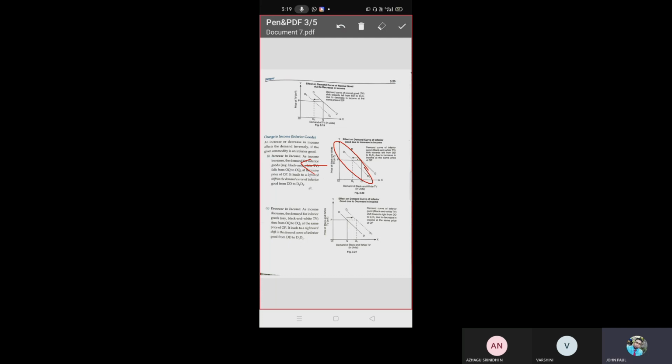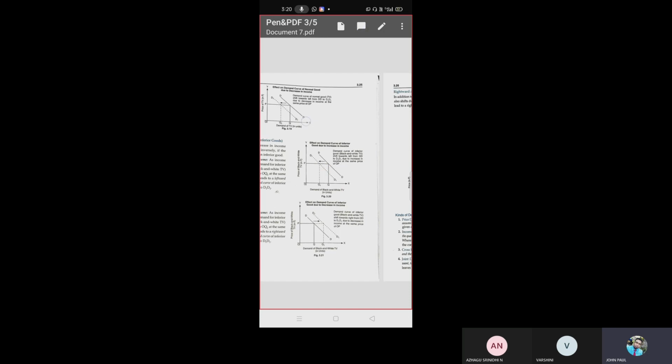When it is leftward, when there is an increase in income, the demand curve for inferior goods moves leftward. Yes or no? Because when income increases, we won't spend much on inferior goods. We'll spend more on normal goods.